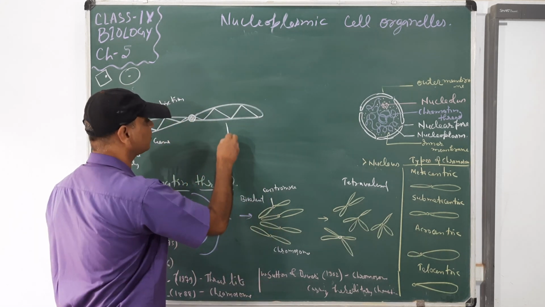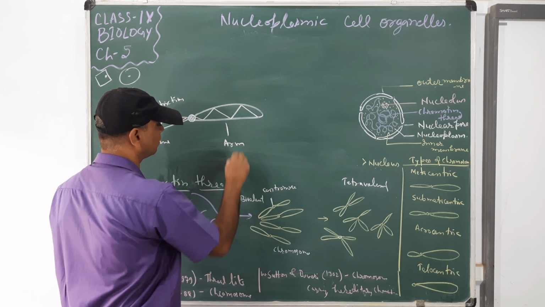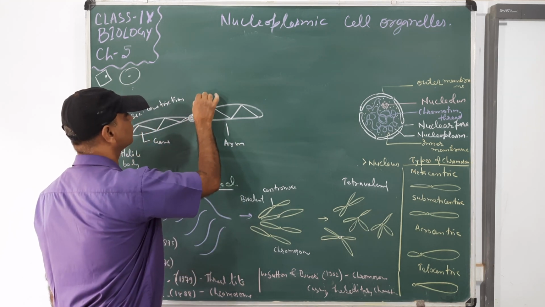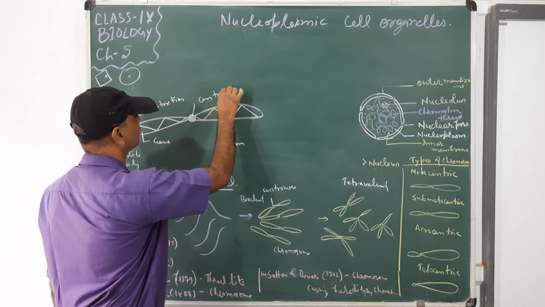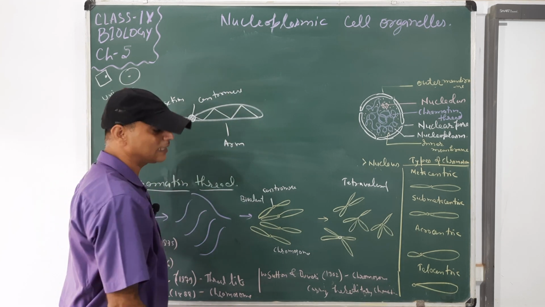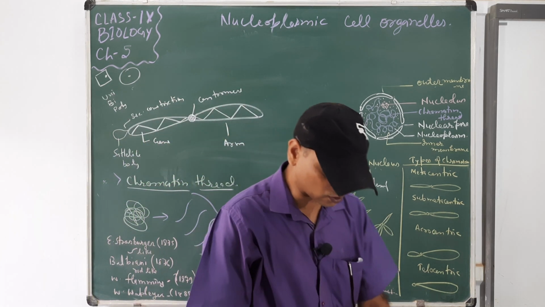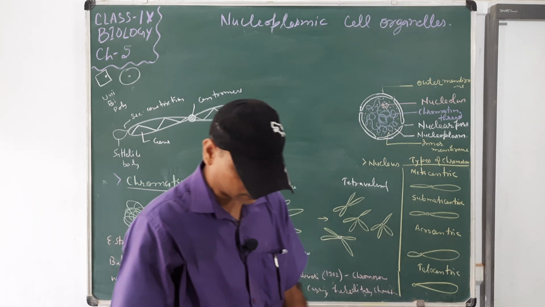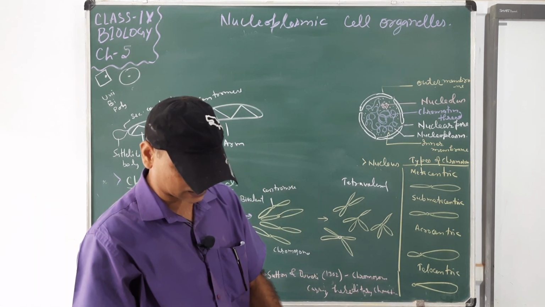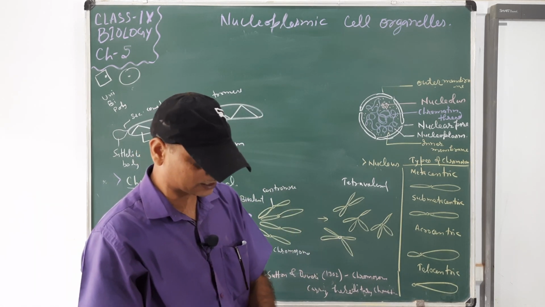This is the arm, this is the centromere. So this is the structure of a chromosome, which has a satellite body, secondary constrictions, a centromere, arms, etc.